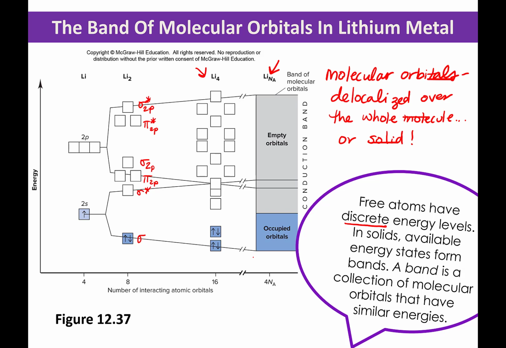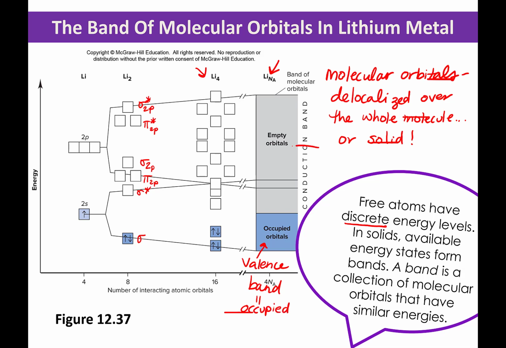So we have what's called our valence band. And our valence band is just simply our lower energy molecular orbitals that are occupied by electrons.